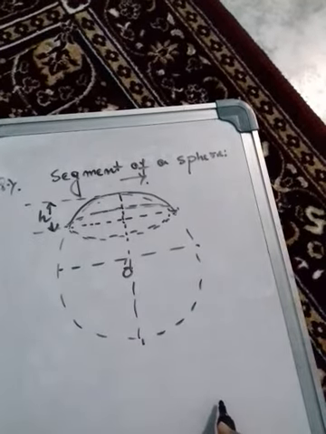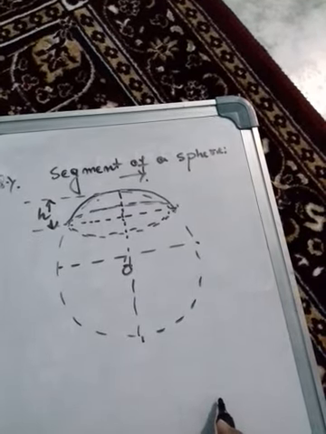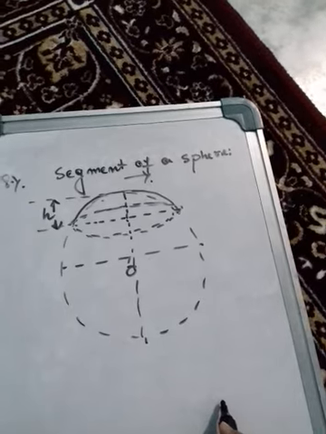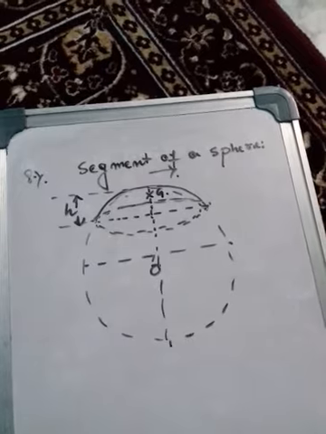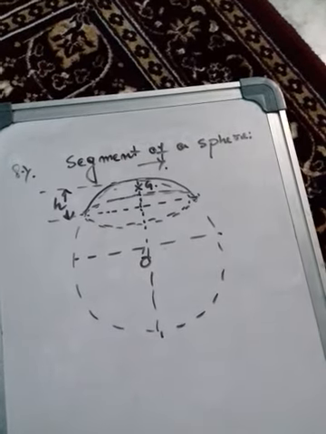Now we want to find what the CG is. If this is the CG, we want to find the distance.